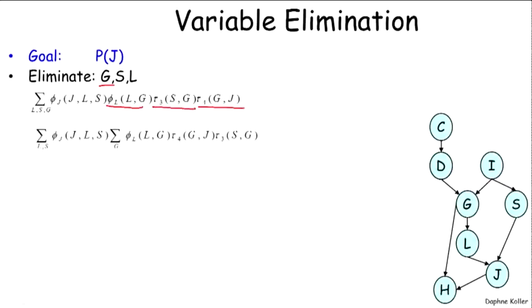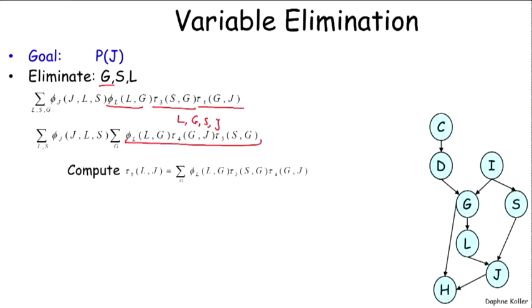So when we think about the variables here in the scope, we see that this product over here actually has a scope of L, G, S, J, which is the largest factor, the one with the largest scope that we've encountered so far. Summing out G, we end up with a factor whose scope is L, S, and J, so we're missing an S.